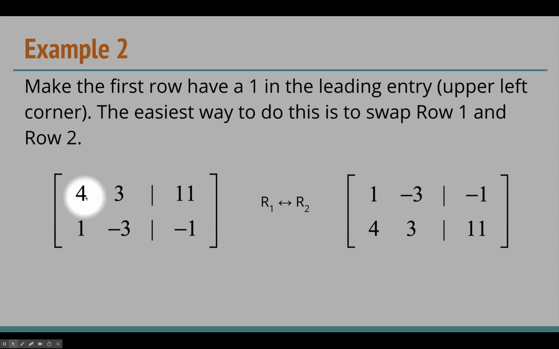Note, if you wanted, you could have multiplied this 4 by 1/4. But that's kind of dangerous because you have to do it to every single piece of that row. So you have to multiply 3 by 1/4, giving you 3/4, and then 11 by 1/4, giving you 11/4, and then you will have introduced fractions into the matrix.